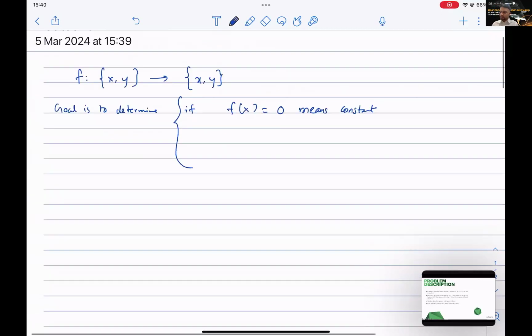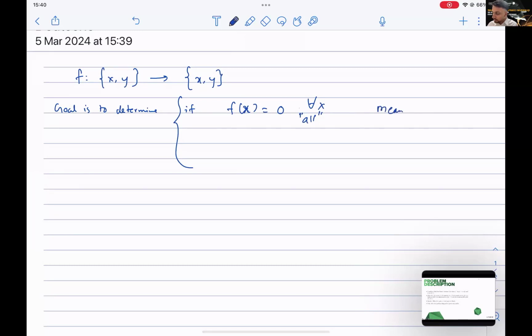Your goal is to determine if this function, for all x, by the way, for all whatever input strings, is 0: f(x) equals 0 for all x. This just means "for all", by the way. And this means constant, as I said.